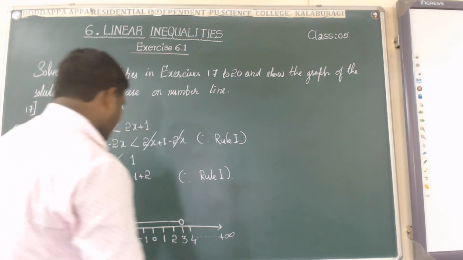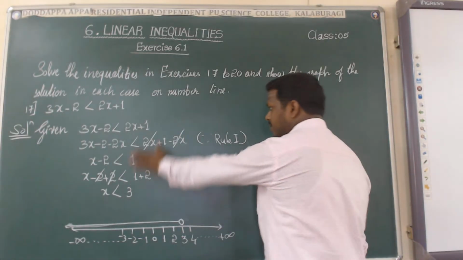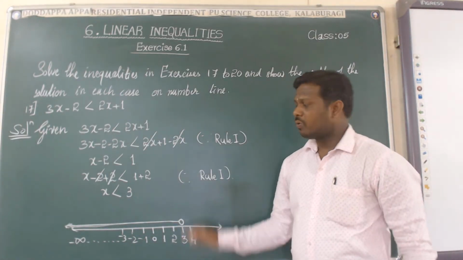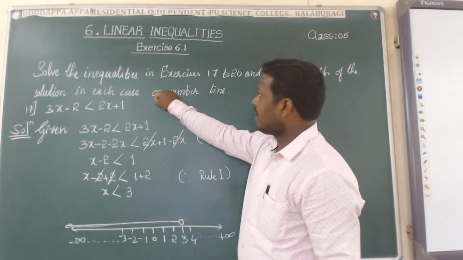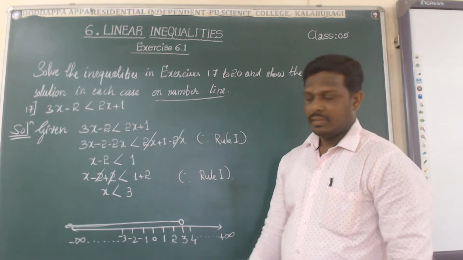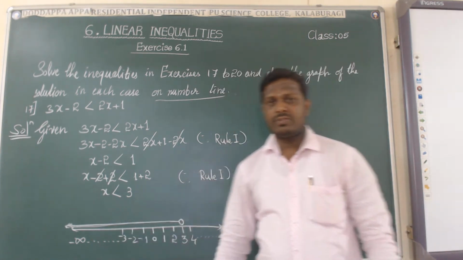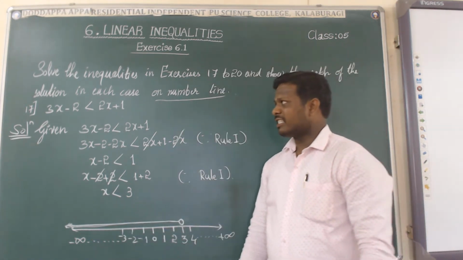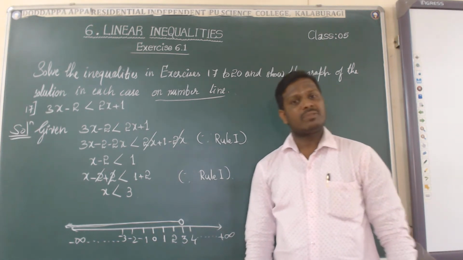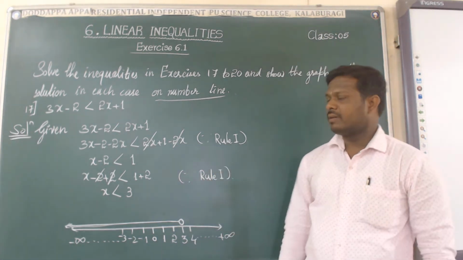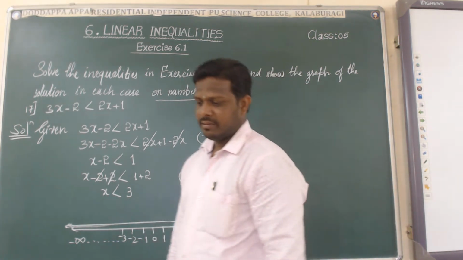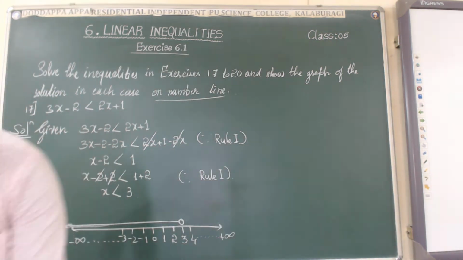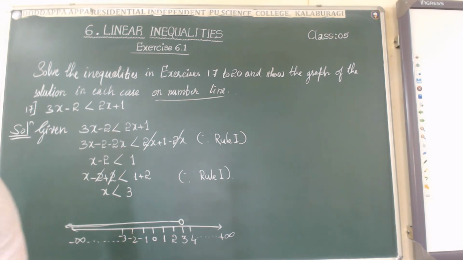This is the solution for this given question, how to write the solution of x on the number line. This is the required solution of the given question, 3x minus 2 is less than 2x plus 1. Okay, now I am moving to the next question, the 18th one.